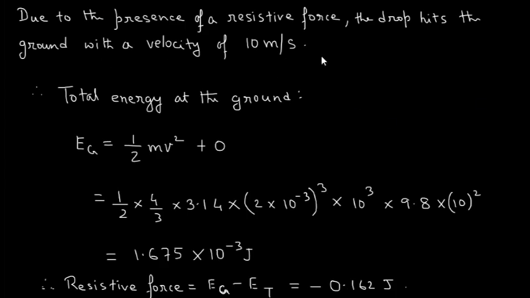Now, due to the presence of resistive force, the drop hits the ground with a velocity of 10 meter per second. Total energy at the ground, Eg, is equal to half mv square plus 0. Putting the values and upon calculating, we get 1.675 multiplied by 10 to the power minus 3 joule.